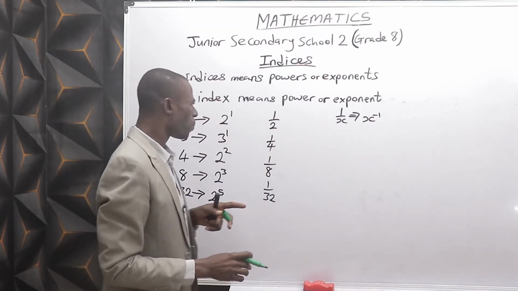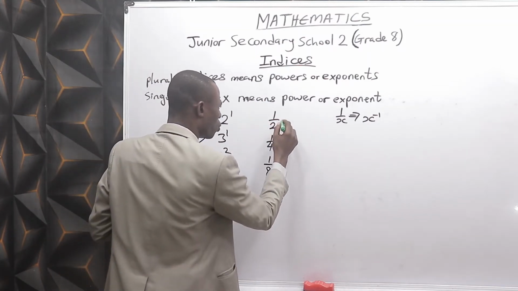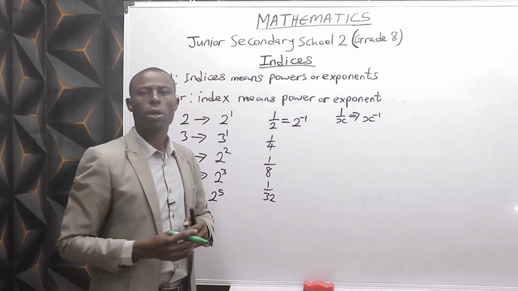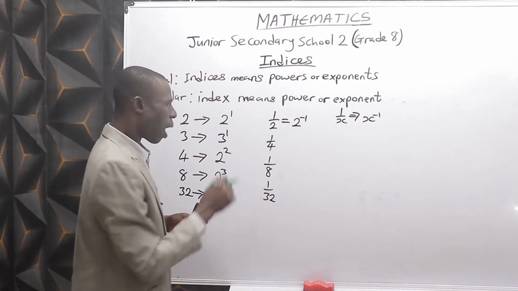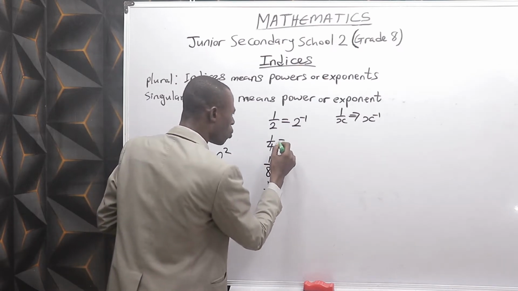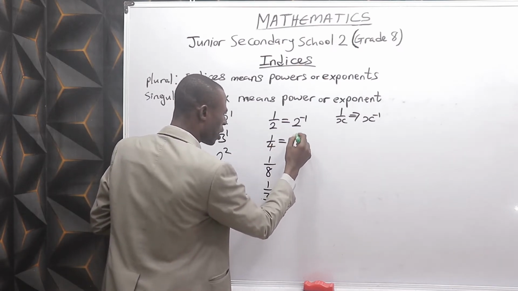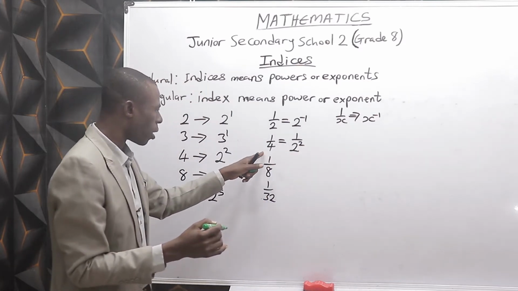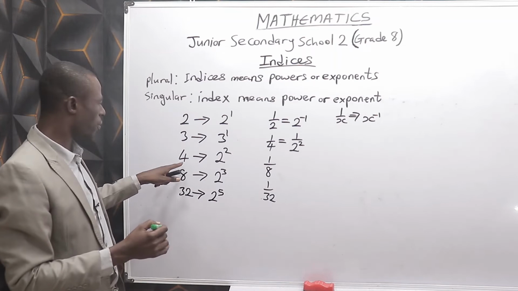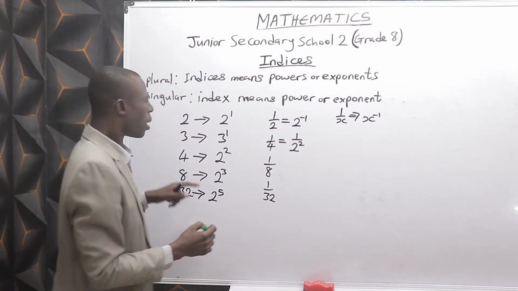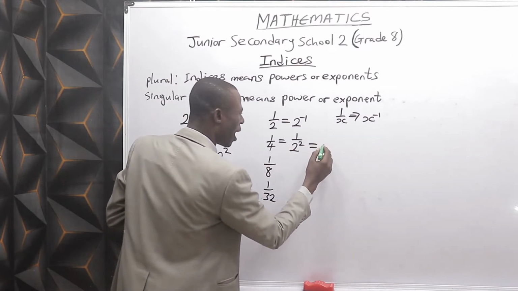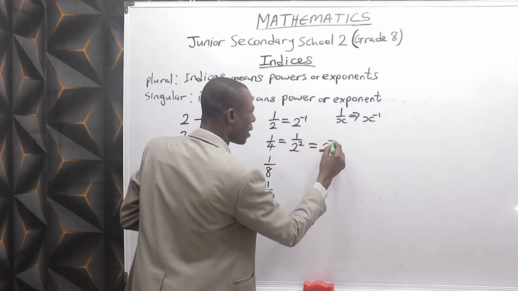According to this law, 1 over 2 will be 2 raised to power negative 1. According to that same law, we can express this as 1 over 2 raised to power 2. Don't forget, 4 is 2 raised to power 2, as we have seen here. Now, finally, you can refer to this as 2 raised to power negative 2.